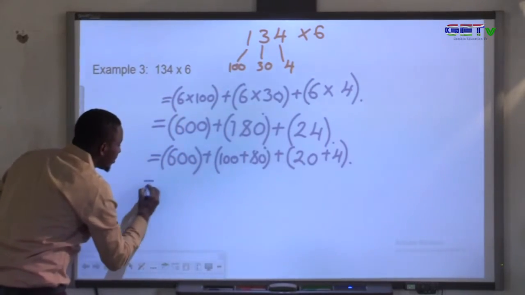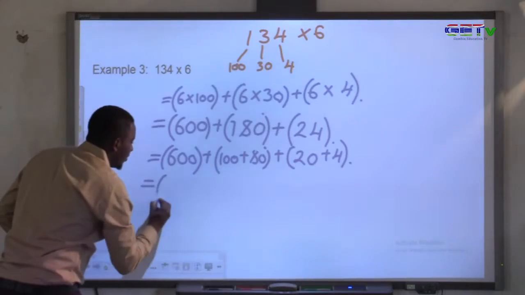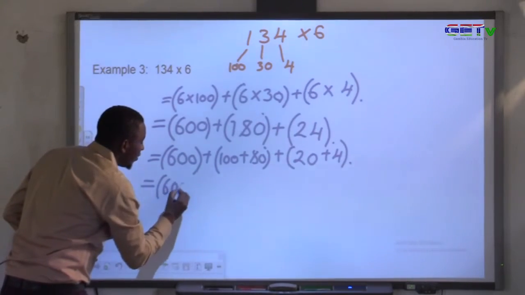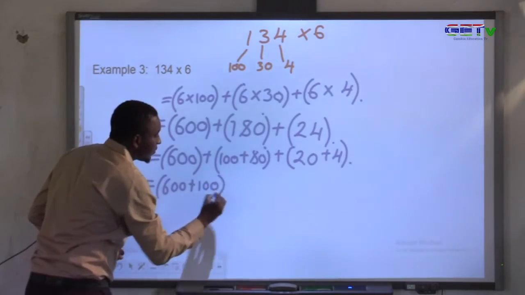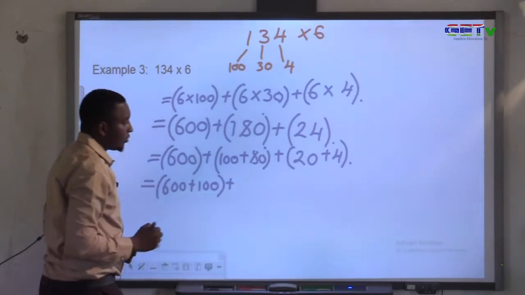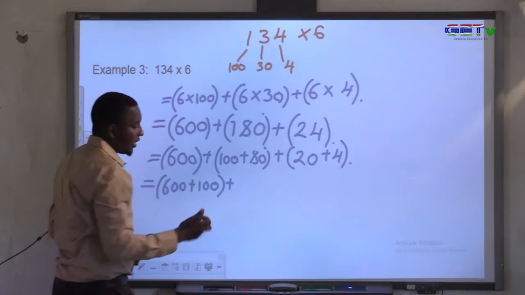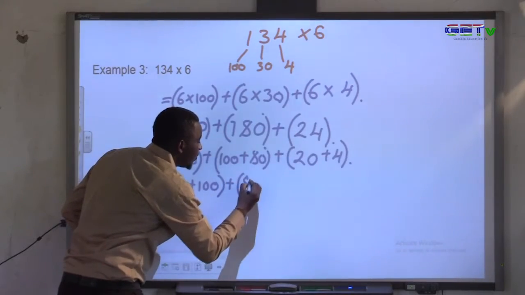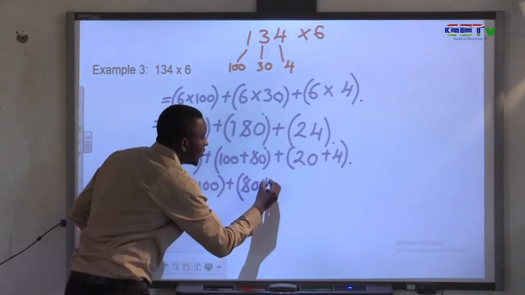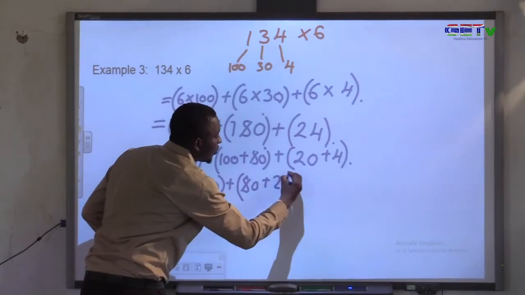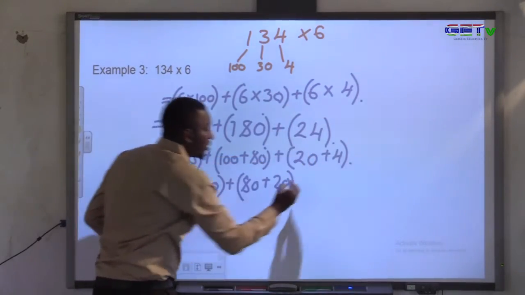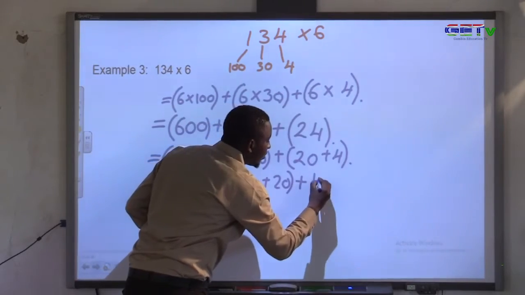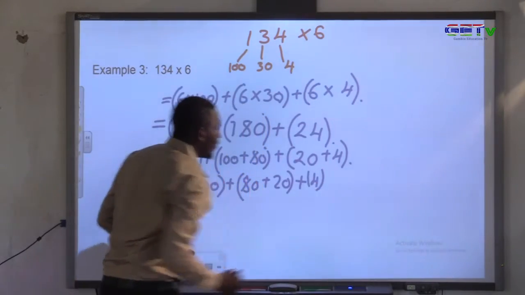So this is going to give us 600 plus 100, plus 80 plus 20, then we are left with only one constant, which is the unit, plus 4.